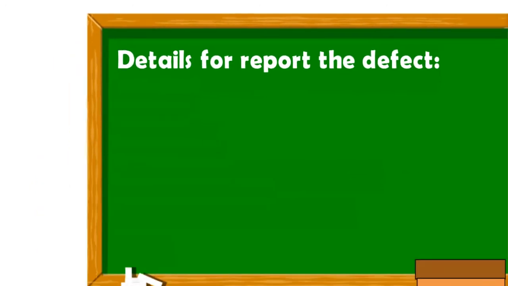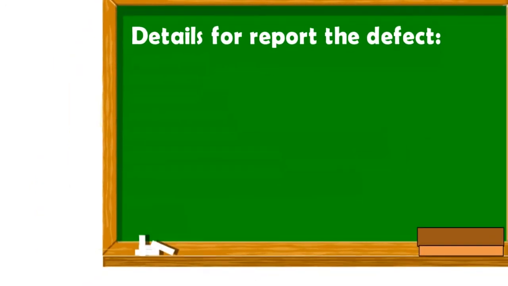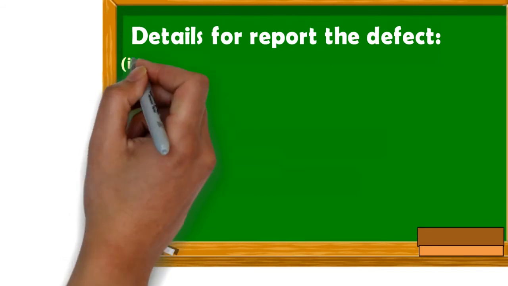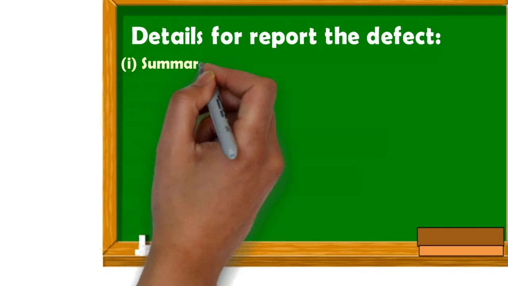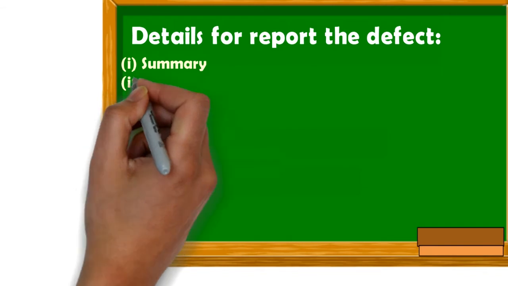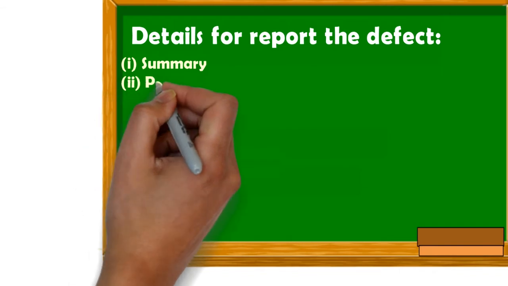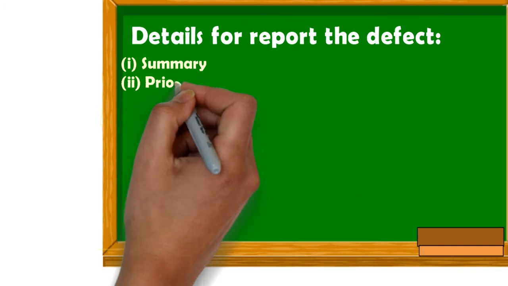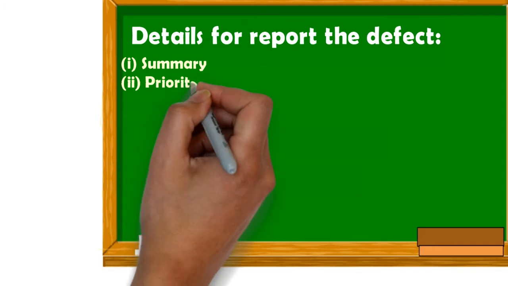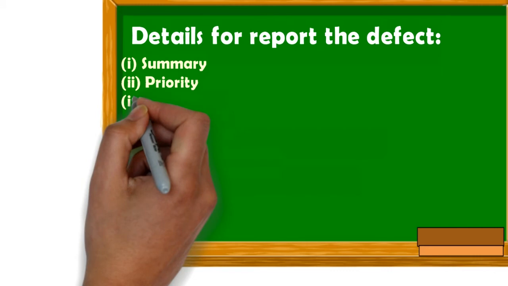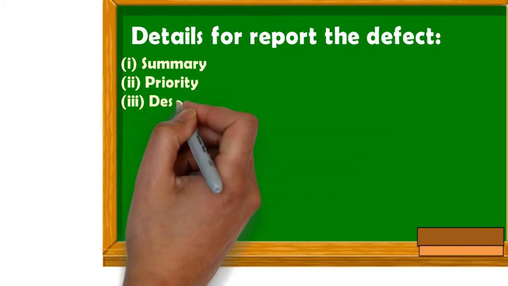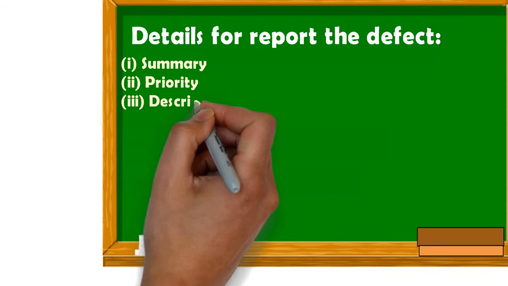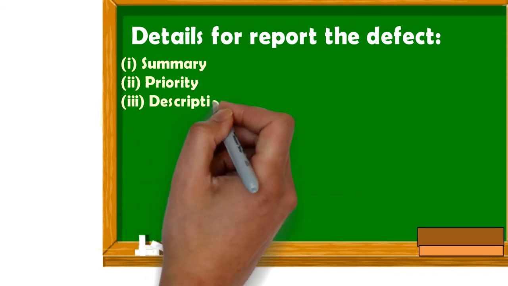We have to find out the root cause and the steps to reproduce, so that it is very useful for the developer to reproduce the issue, and easy for the developer to find and fix it.